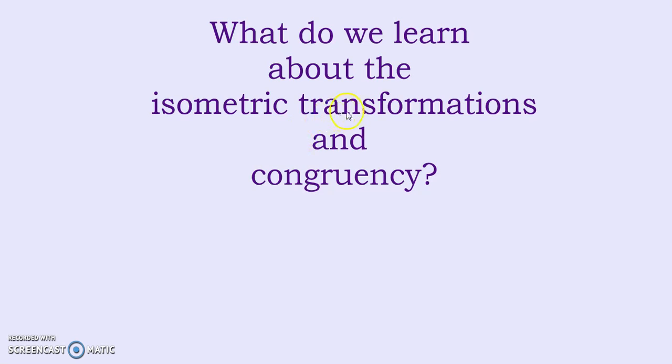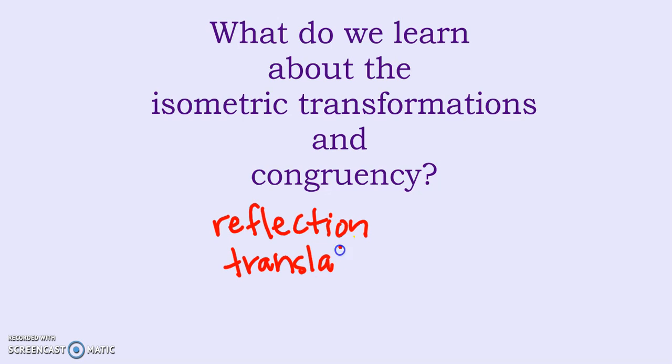So what we've learned about isometric transformations and congruency is that our shapes stay the same, and our isometric transformations are reflection, translation, and rotation.